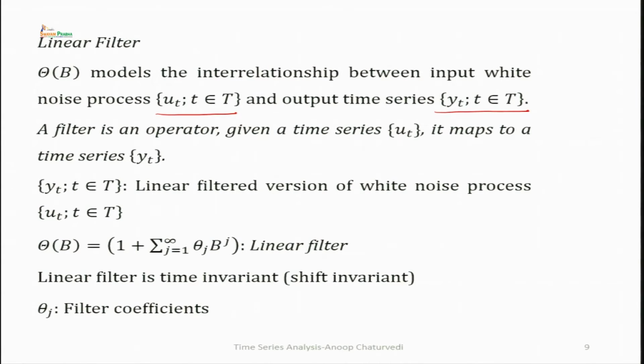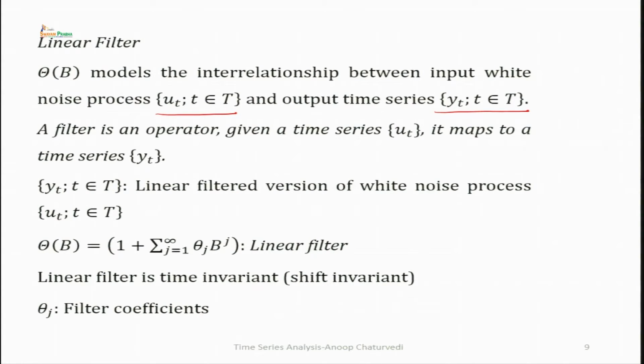So, you have an input time series u_t, then you are using theta B, and through theta B you get the time series y_t, or you can say it maps to a time series y_t.